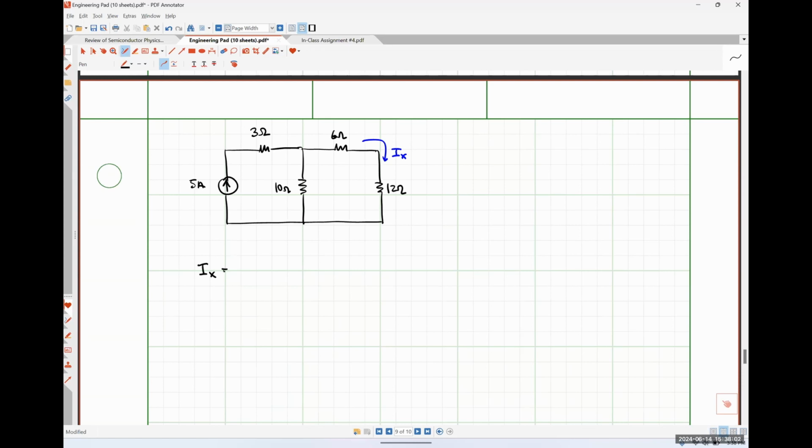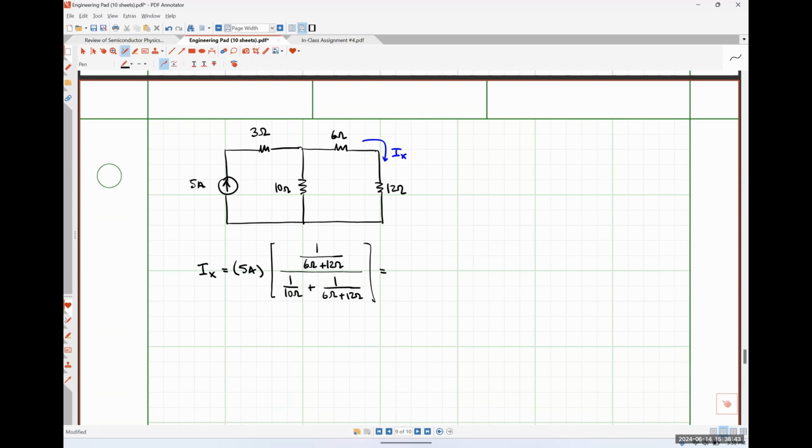So I would say that my current IX is 5 amps, which is my known current. And then the branch that I'm trying to find the current through contains a 6 ohm resistor in series with a 12 ohm resistor. And that branch is in parallel with the 10 ohm branch. So I'm going to have 1 over 10 ohms plus 1 over 6 ohms plus 12 ohms. I don't think I can do this math in my head, so I'm going to throw it in the calculator really quickly.